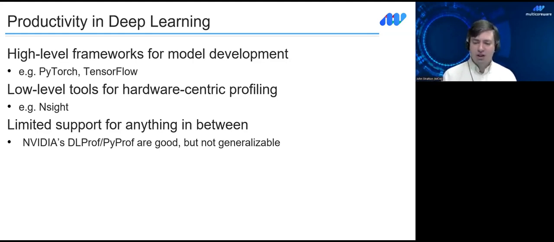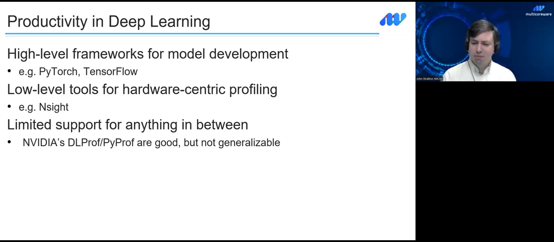Think of Insight on NVIDIA. Every AI accelerator is going to have their own tool in this area that gives you very low-level information about what is going on the hardware platform. And there's relatively limited support for anything in between. How do you go about improving the performance of your deep learning model without going all the way down to the very lowest level details of what is going on in a hardware-centric approach of profiling?